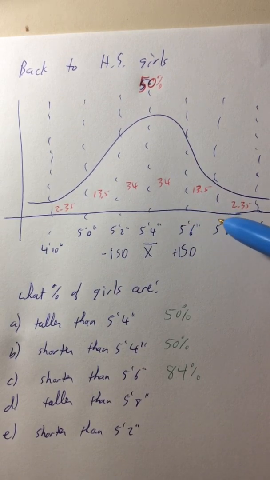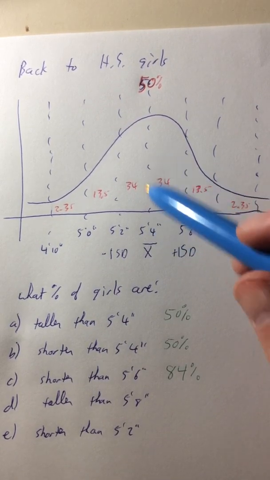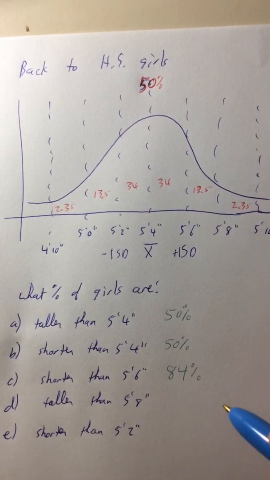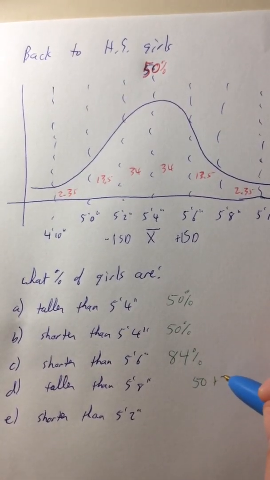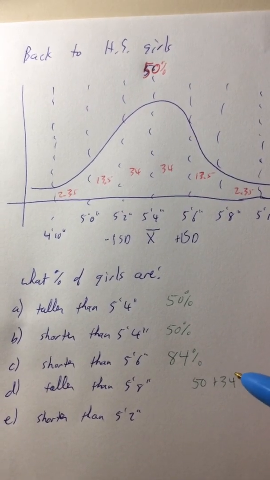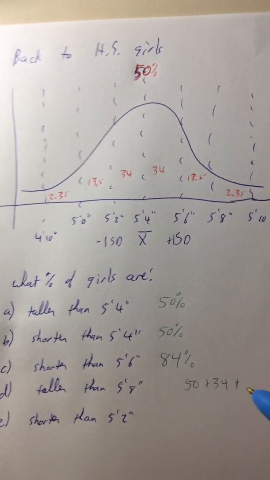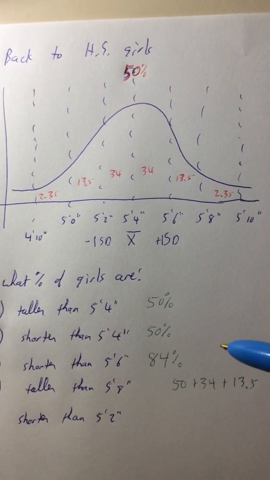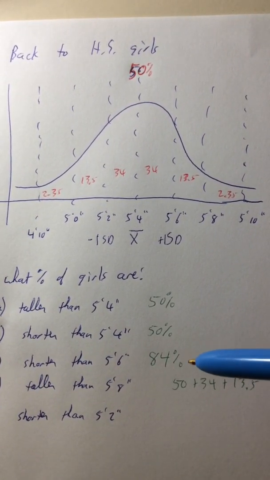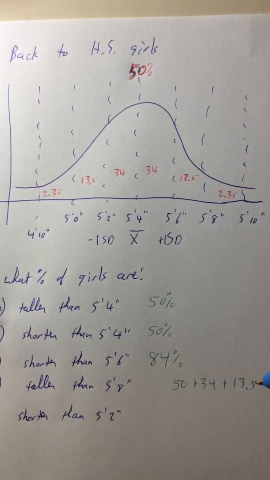So taller than 5'8". Well, here's 5'6", here's 5'8". So I get 50% plus 34. So we're going to do a little work here. So 50 plus 34 plus 13.5. So how much is 50 plus 34 plus 13.5? Well, that is 84, 94, 97.5.